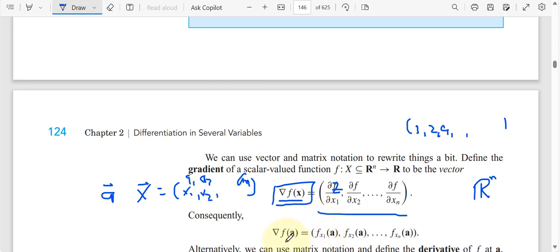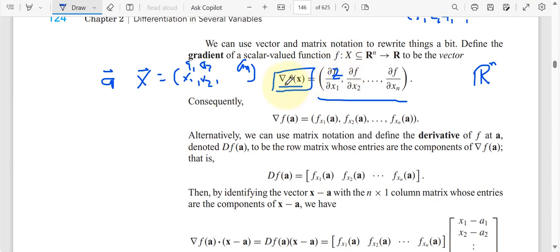So we want to know what this evaluates to when we put in a particular set of values a, putting the values into each of these pieces. This is the gradient, which is a vector, and this is the gradient evaluated at a particular point in n-space.